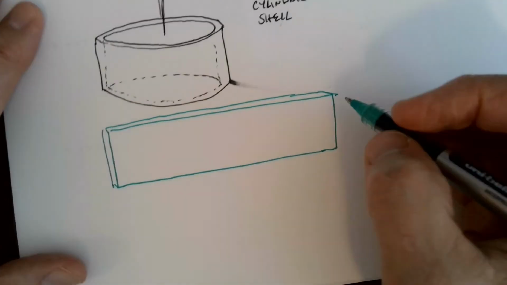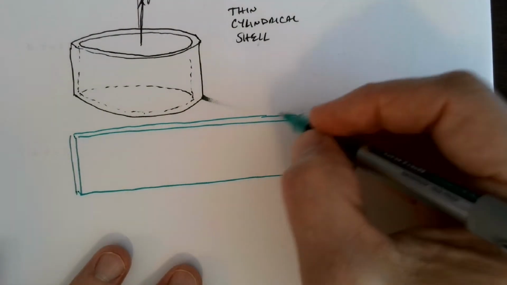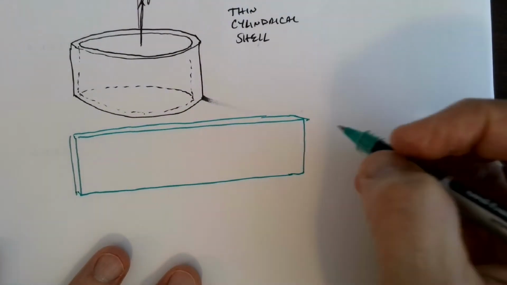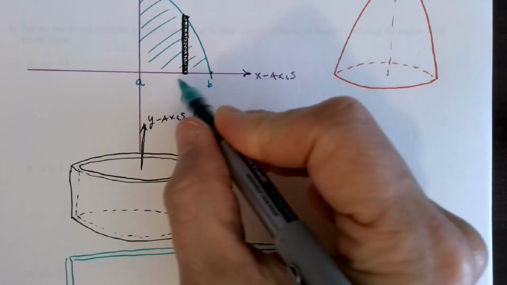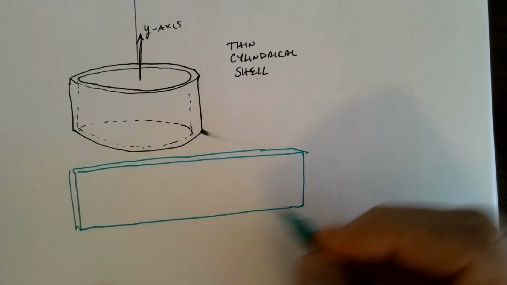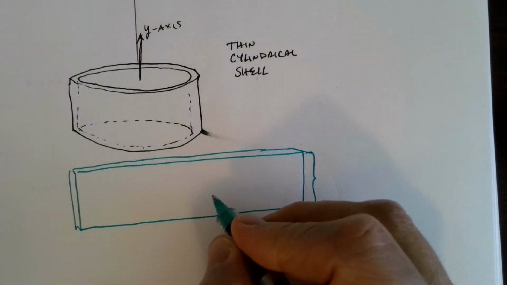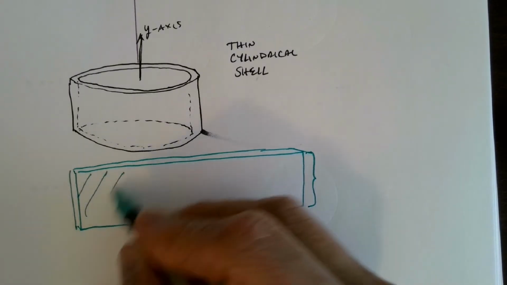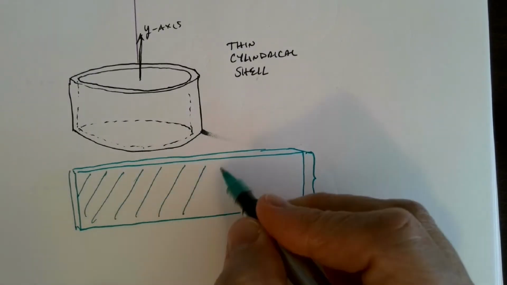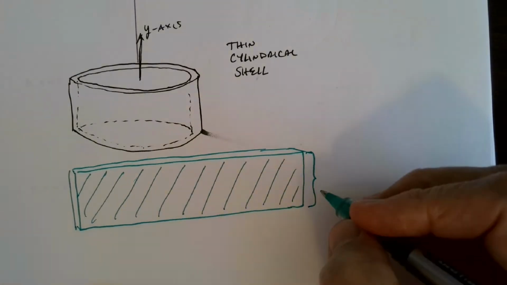Okay, and what I'm interested in then really is the area. The thickness of the slab is just delta x, which is the thickness of our original rectangle, and the thickness of our shell. But what I want to know is the area of this rectangular surface here. What's the area of this, right? Well, to find the area of a rectangle is length times width, or length times height. Now, what about the height here?